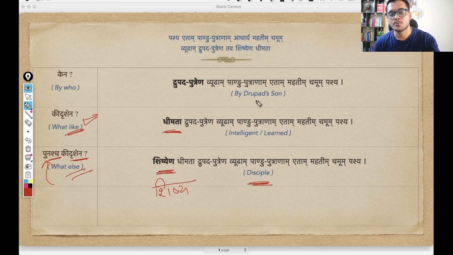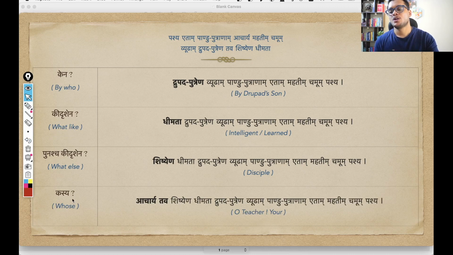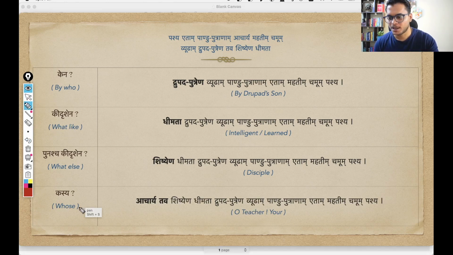So Drupad's son was intelligent, very learned, and a disciple. Now immediately the question will come, Kasya, or whose disciple? If he was a disciple, he must be a disciple of someone. So whose disciple? Kasya. Again, this Kasya is, if you can guess, sixth case, of whom, possession. And the response is Acharya Tav.